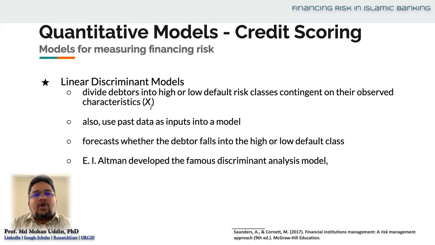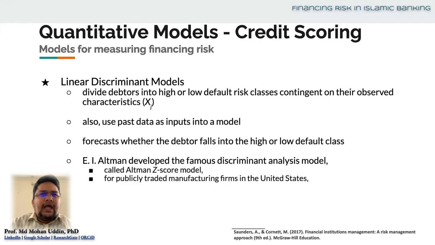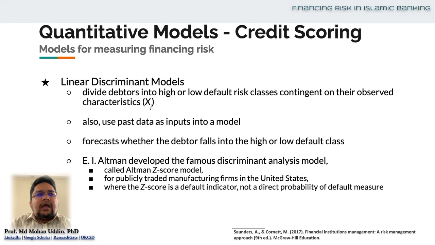So this model is already provided. Sometimes it could also be modified for a particular type of customers based on experience, but it is a very famous model, and it has been used for publicly traded manufacturing firms in the United States. And the default indicator actually provides some kind of classification.